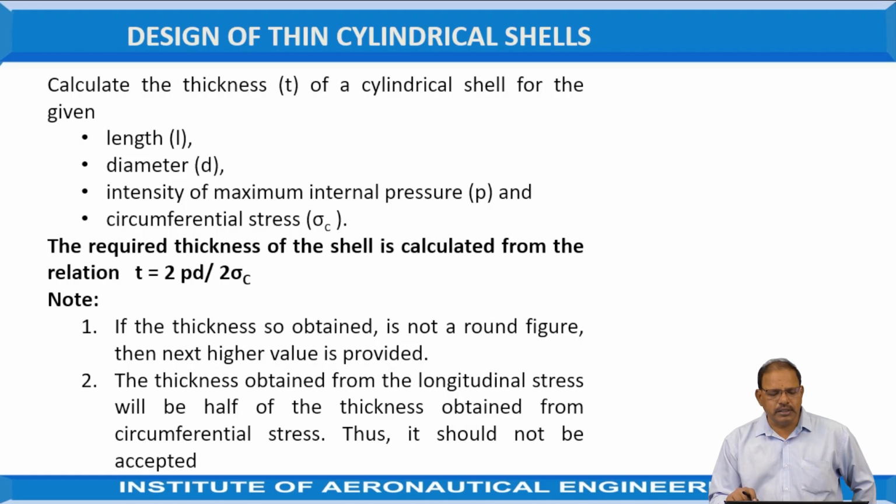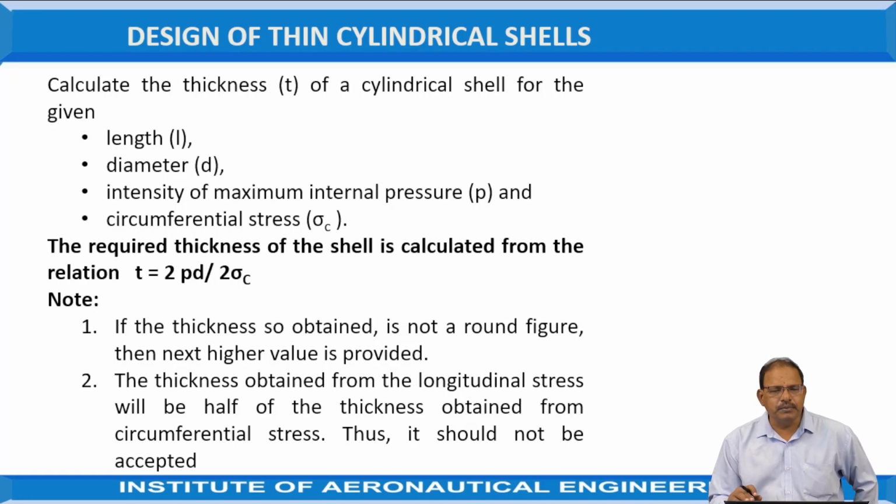Assume L represents the length of the cylinder, D is the diameter, the intensity of maximum internal pressure that should be allowed is P, and the circumferential stress is sigma C. Here, design means how much thickness we have to keep to resist a particular pressure P allowed inside the cylinder.